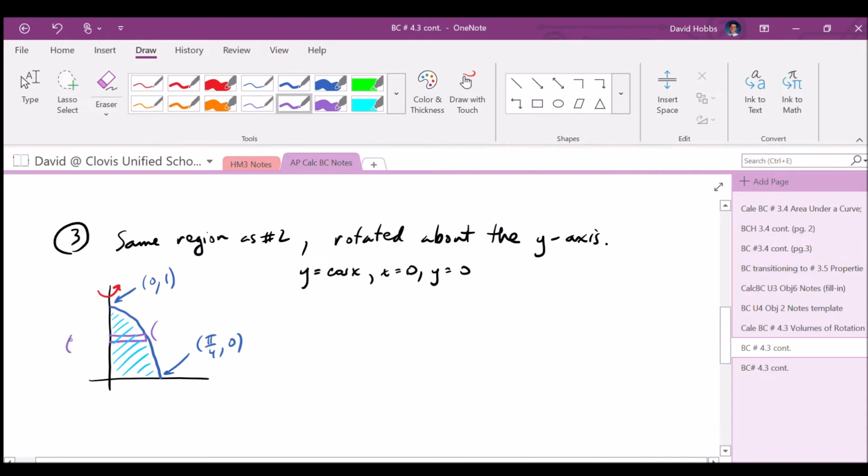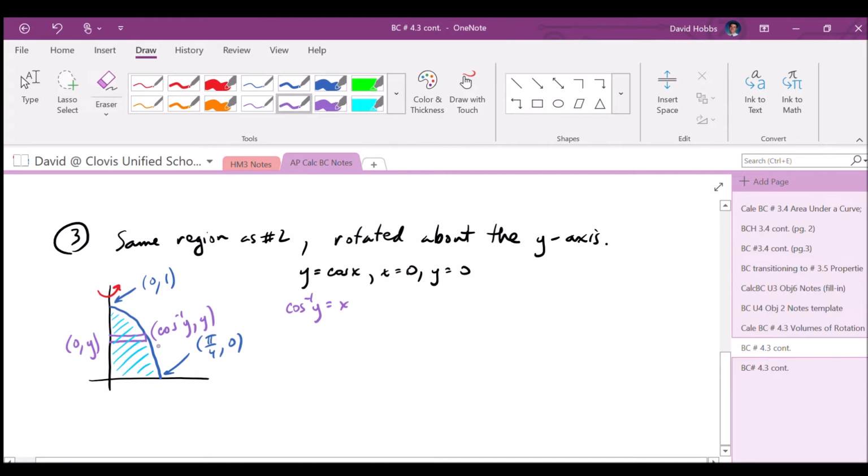So the x is 0 and the y is y. Now the x over here, what does x equal in terms of y? Well, if I do inverse cosine, that's what x is equal to. So inverse cosine of y, comma, y.